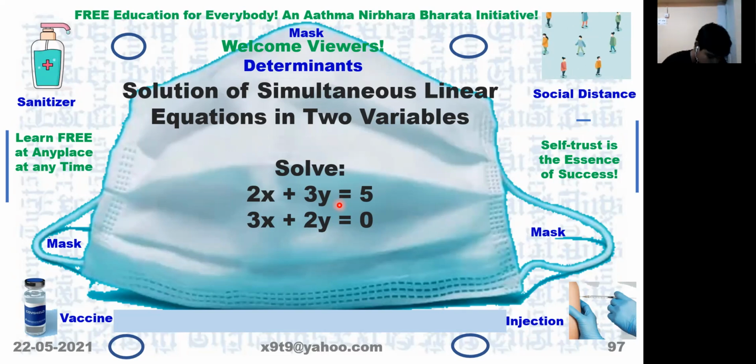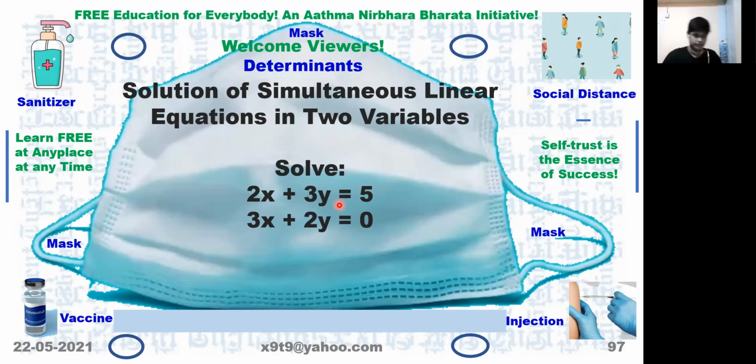LHS is equal to 2 into minus 2 plus 3 into 3, and the second LHS is 3 into minus 2 plus 2 into 3.